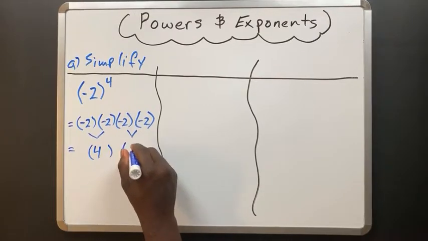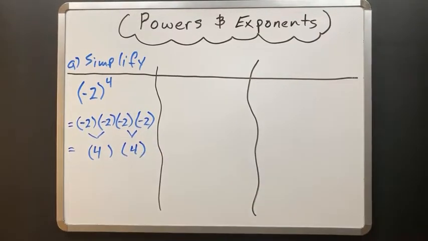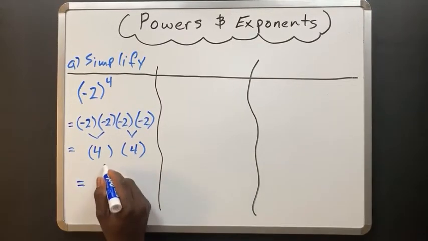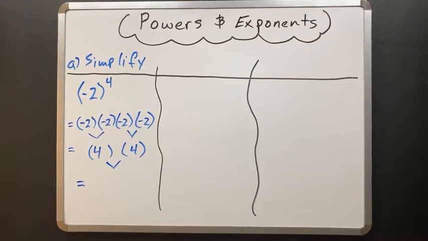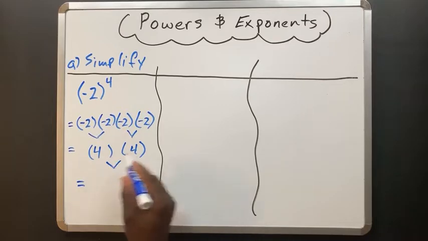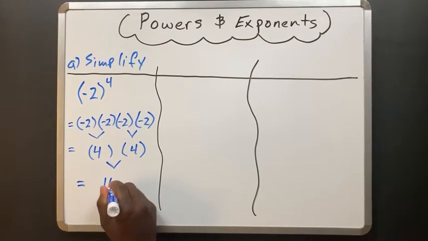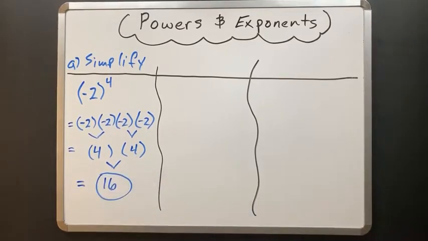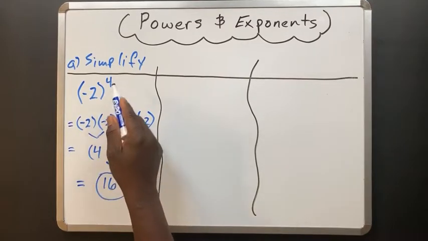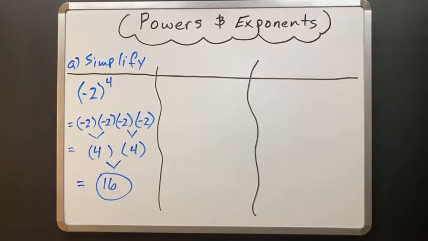So that's going to be 4. So that's 4 times 4, okay? That simplifies, but we're not done yet. So I'm going to put my little caret here, which implies to multiply them and simplify. 4 times 4 gives us 16. And here we have it. Negative 2 raised to the 4th power is equal to 16.